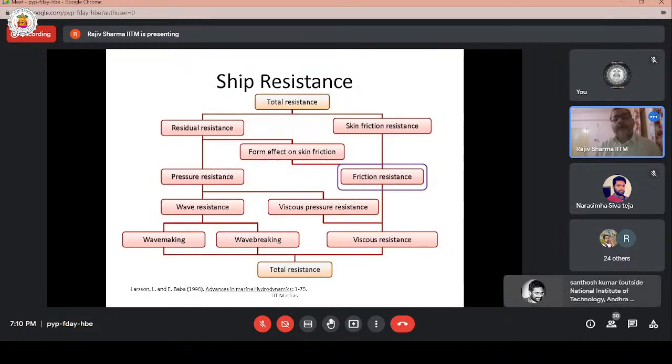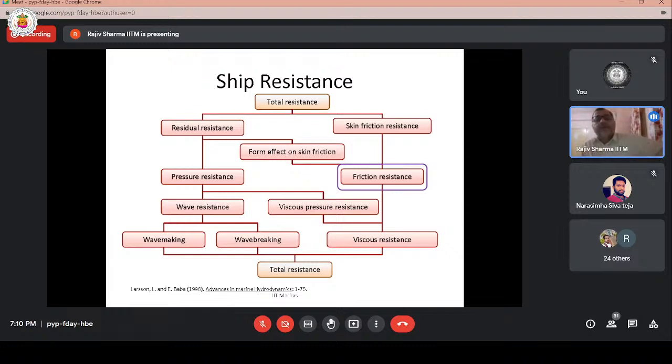Now, because we deal with ship, the majority of the focus will be on ship, but other areas will also be touched slightly. Because we are involved in research related to ship science and have considerable experience, we will be devoting more time to the problems associated with ship structures.